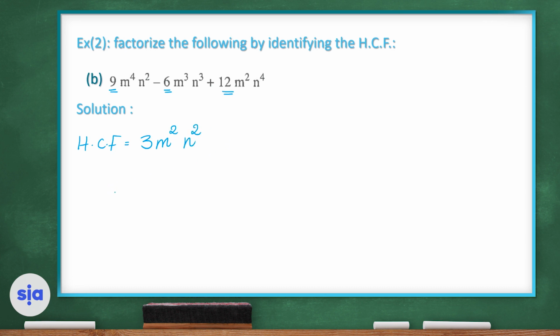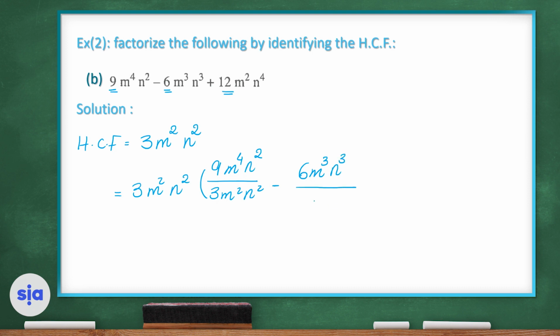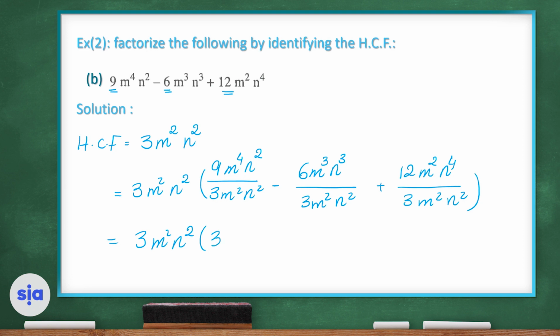To factorize this, we write the HCF, and then we divide every part of it by the HCF. After that, the factorization will be 3m squared n squared multiplied by 3m squared minus 2mn plus 4n squared.